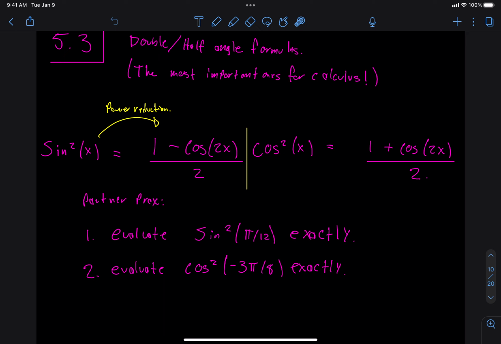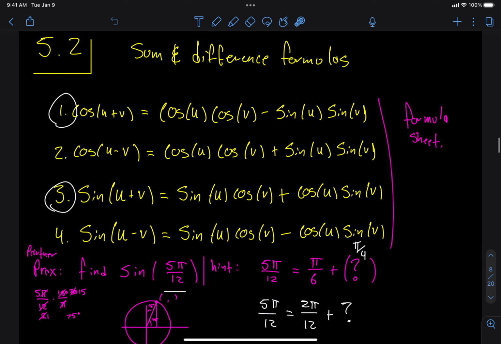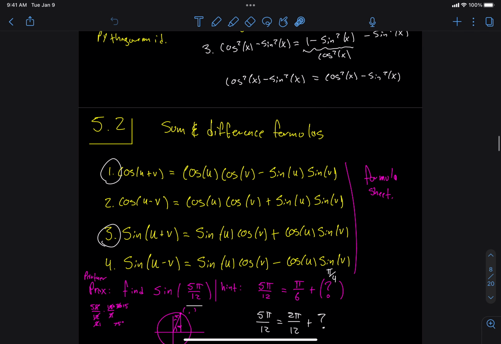So you could do this one of two ways. You could use the half angle formulas here, or if you wanted to do you could use sine of pi over 8. You can rewrite using one of these. You could say, well, pi over 8 is just what? Can I write it as a difference? No, I don't think I can. Okay, let's think about it.